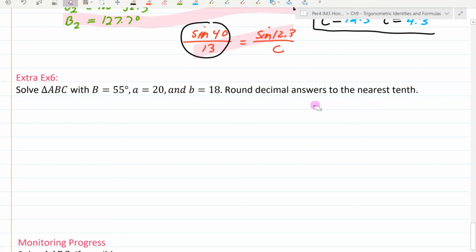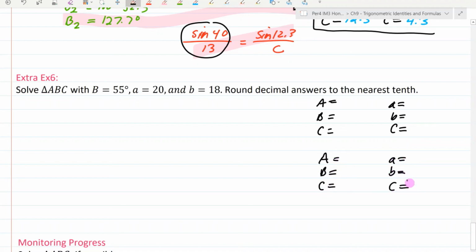So let me go ahead and write this out, excuse me. So A, B, C, and A, B, and C. The given information, 55, 20 and 18.